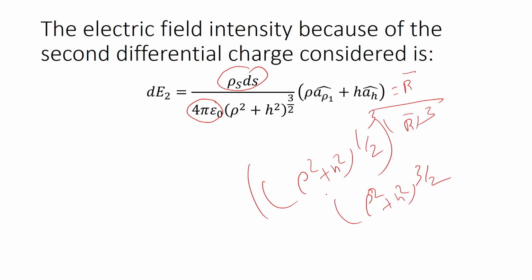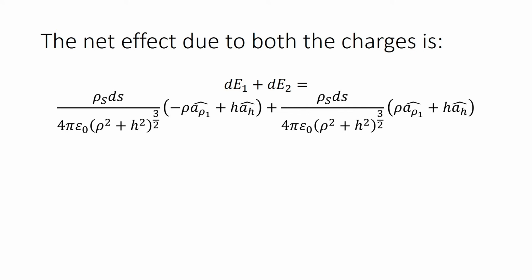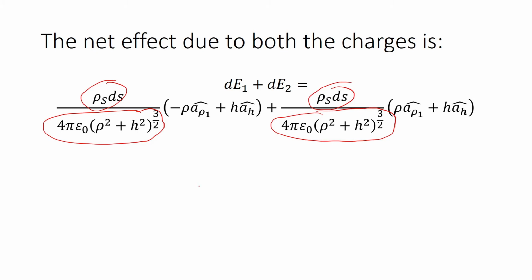Now, I would like to consider the net electric field intensity because of these two charges. So dE1 plus dE2, if I add them. Understand that the entire denominator is common because the distance did not change. The distance is the same. If there is a change in anything, it is the expression of r bar.